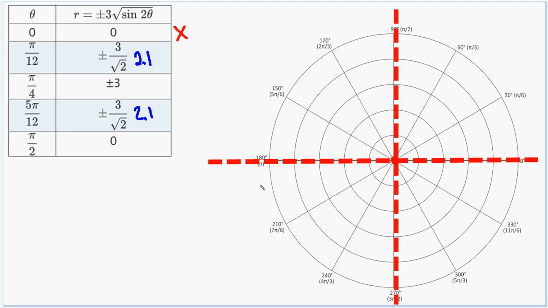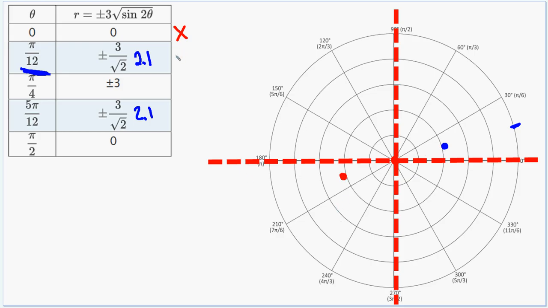Now let's do some points. Pi over 12 is halfway between 0 and pi over 6. We're going to go out 2.1, 1, 2, and then 0.1 would just be right about here. And we do have our origin symmetry, so we can go straight across the origin, go 2.1 units here, and I'll use the red dot for that symmetric point.